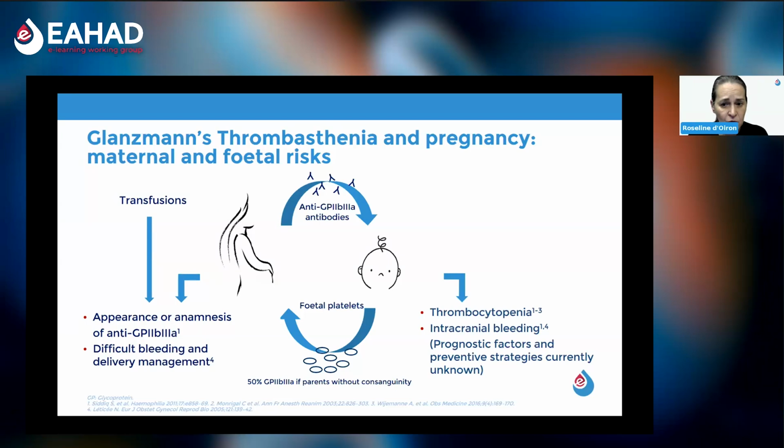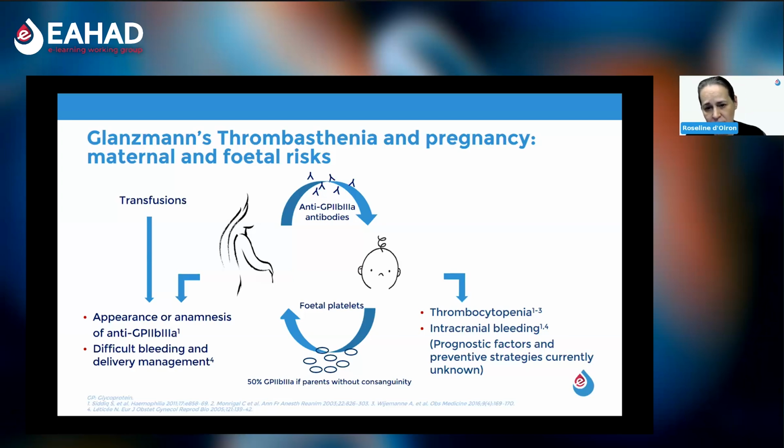On the other hand, those anti-IIb/IIIa antibodies might cross back the placenta and cause thrombocytopenia in the fetus, and that has been reported to cause intracranial bleedings. The prognostic factors are not very well known, related to the very low number of pregnancies that has been observed, but this has been clearly described in those women who had high levels of anti-IIb/IIIa antibodies.